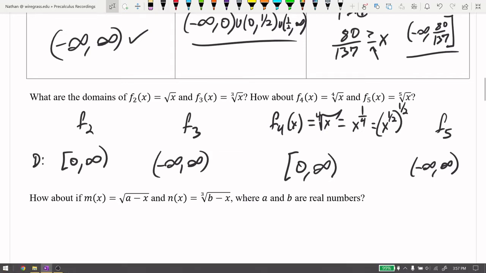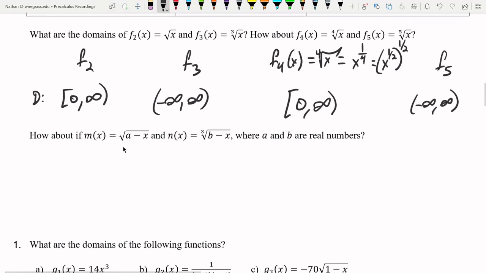Now, what about things like this, where we have some expression underneath of there, where a and b are just some real numbers? Well, we know that this cannot be negative. So we're going to make it positive or equal to 0. We're saying that this is the domain. Then all we have to do is add x, and you're going to see x must be less than or equal to a.